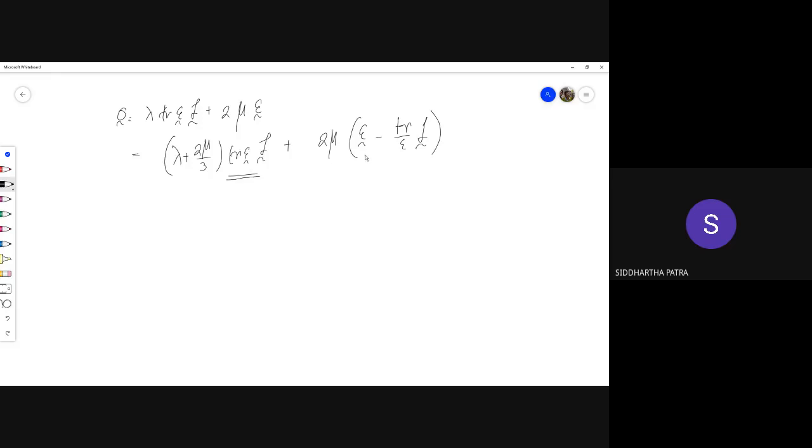This part is actually the volumetric part of the strain, and this part right here is the deviatoric part of the strain. That means the trace of this part is actually zero.